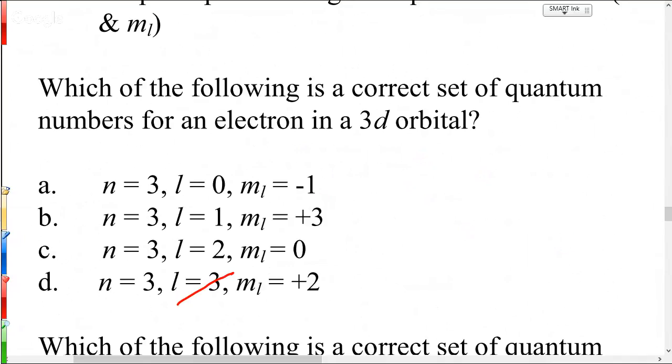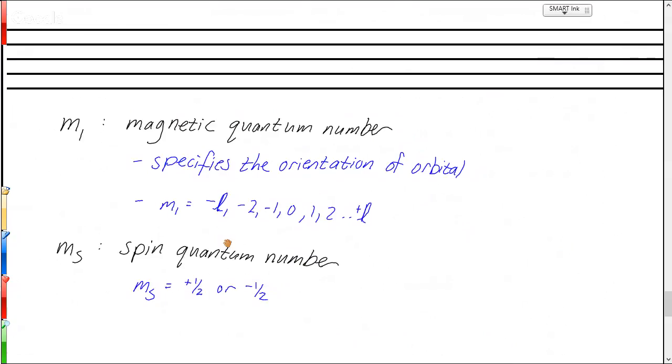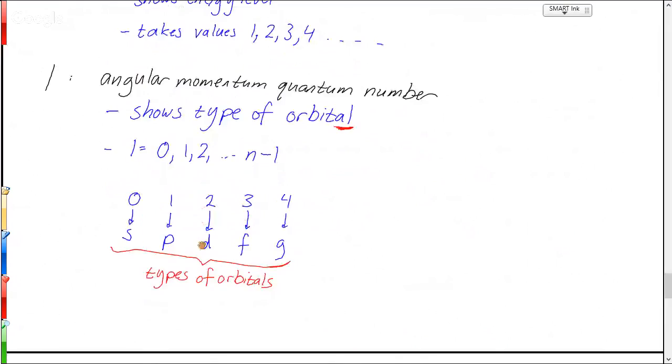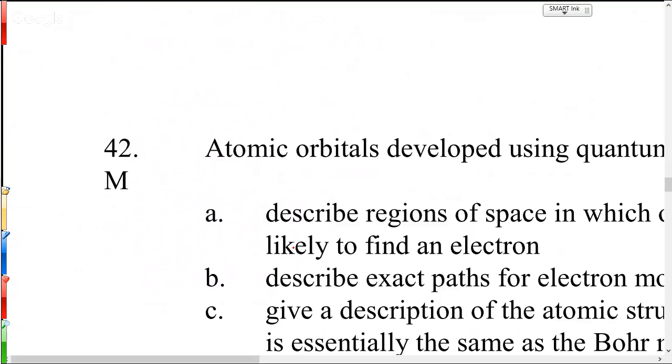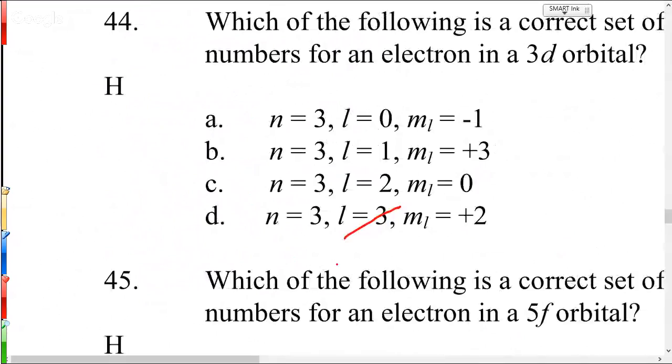So it can either be 0, 1, or 2. And to figure that out, we actually just have to know these types of orbitals. So 0 is called S, 1 is called P, 2 is called D, 3 is called F, and 4 is called G. There's not a good way to figure that out. But now that we know that, a D orbital has to be L equals 2. So it's got to be C.